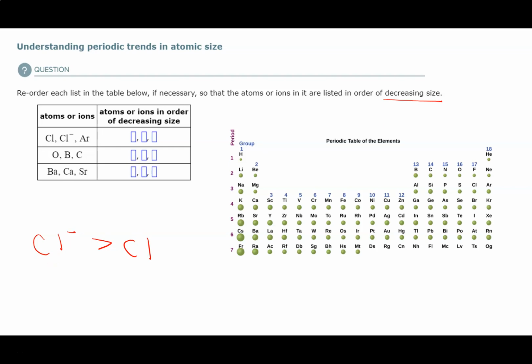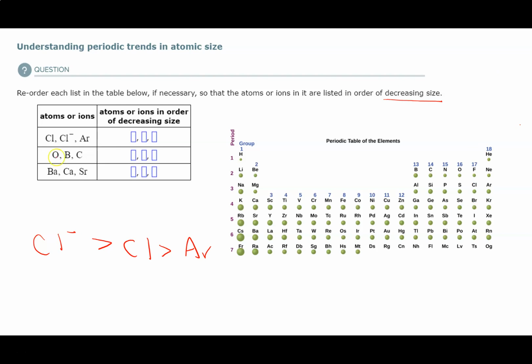Then I have to think about where chlorine is relative to argon, and they're in the same period, and we know that as we go across a period, we get smaller. So chlorine is going to be bigger than argon. So my sequence would be chloride, chlorine atom, argon atom. That's the first one, not too bad.